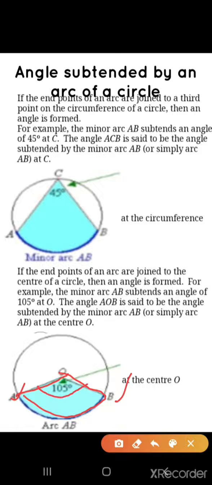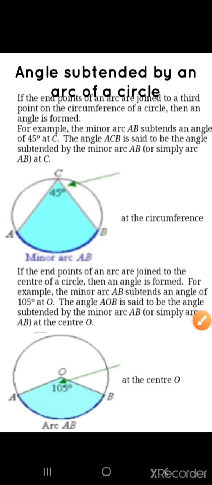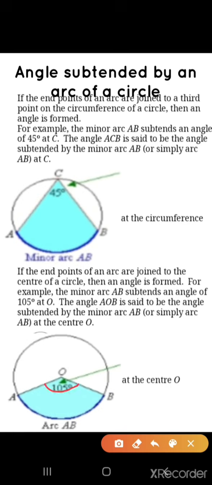This angle is called the angle subtended by this arc. This arc is a minor arc, minor arc AB, at the center of the circle. That is, angle AOB is the angle subtended by the arc AB at the center.